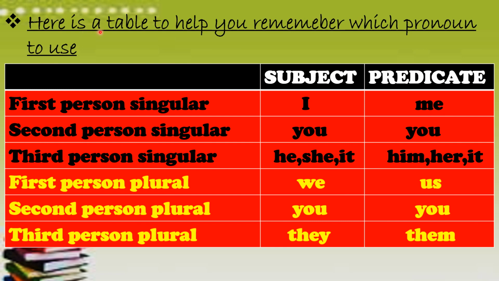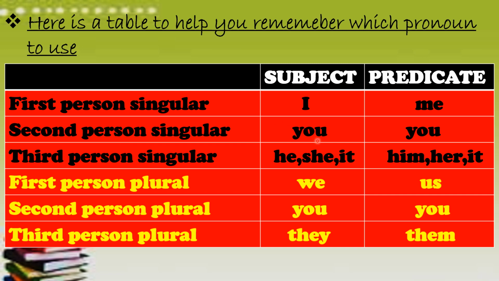Here is a table to help you remember which pronoun to use. First person singular: I. In the predicate, we use me. Second person singular.